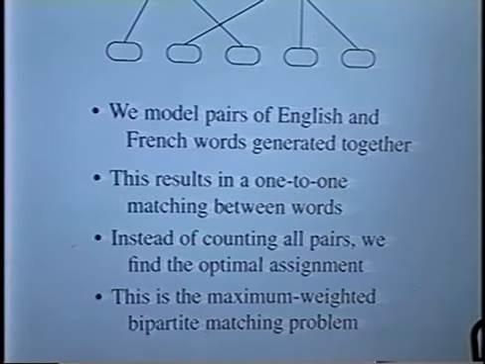So in order to model this, we collect counts over not all alignments, but only the best alignment, the optimal assignment between the two sentences. And this reduces very nicely to a well-known problem from graph theory known as the maximum weighted bipartite matching problem. It has an optimal solution, and has been studied.